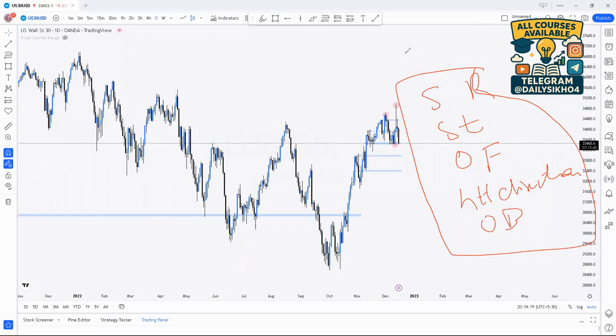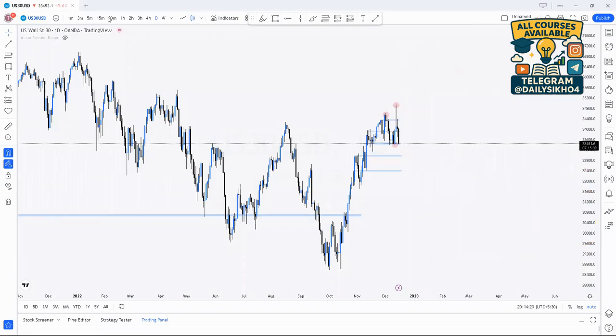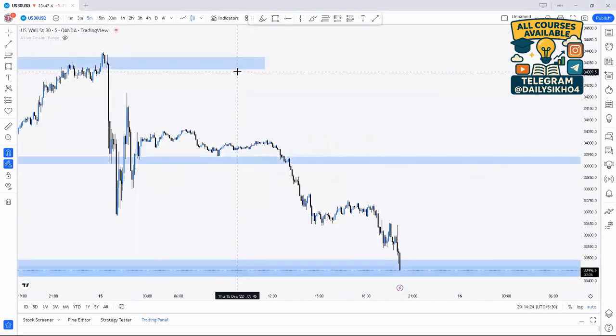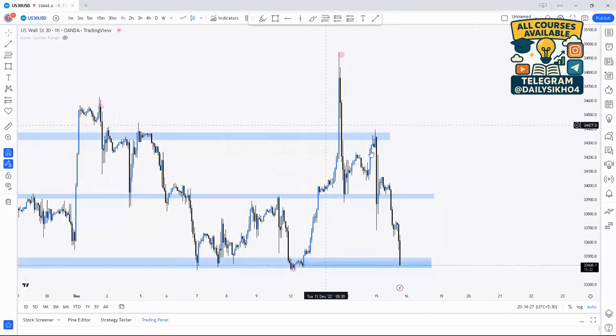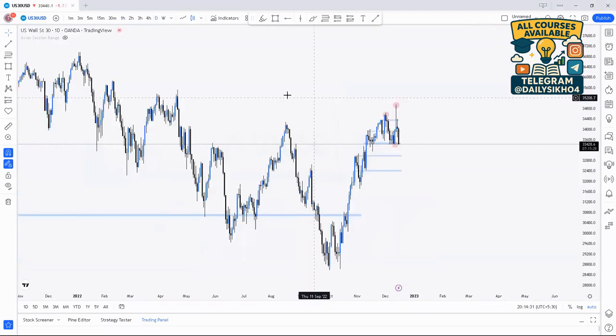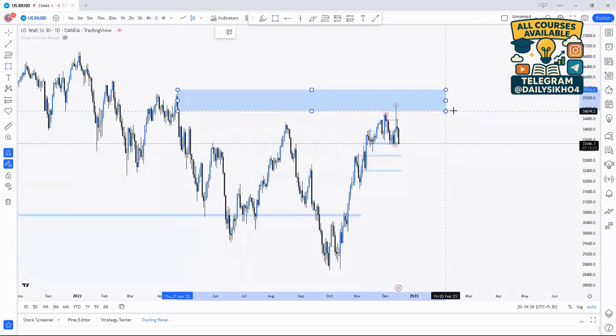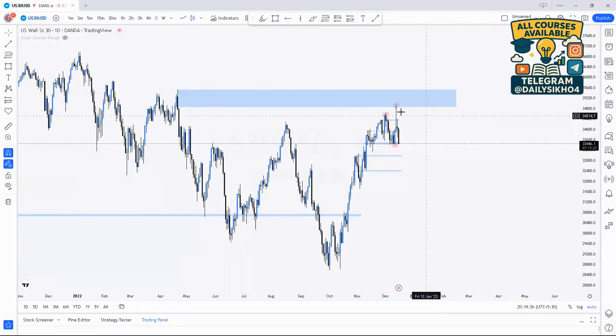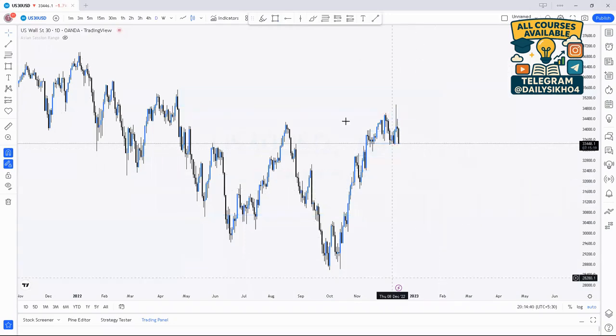Then you can rely on your zone so precisely that you actually know what you're doing. Now I don't believe it's going to be holding, because on the daily this is tested and now closed as a wick, so most likely it is going to be taken out, but you get the idea, right?